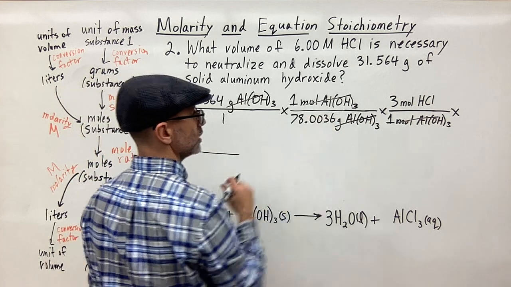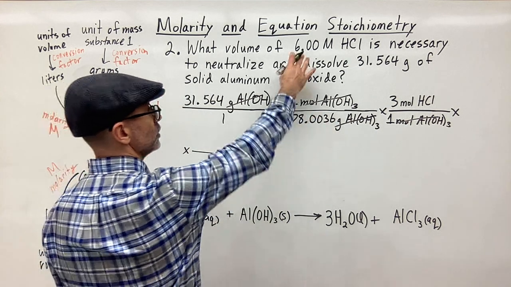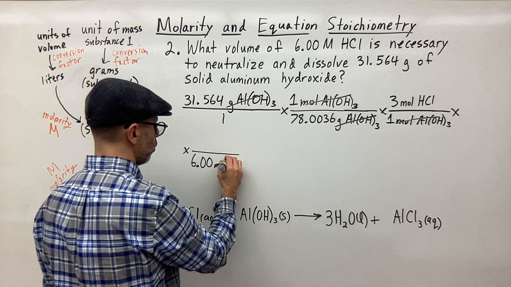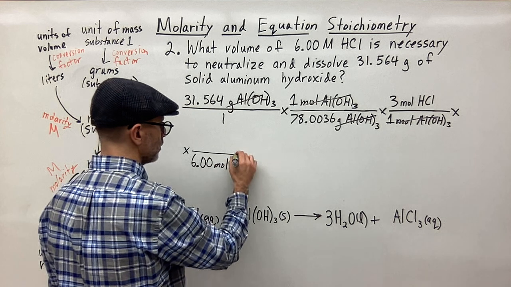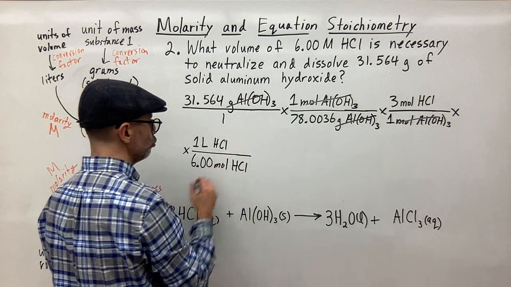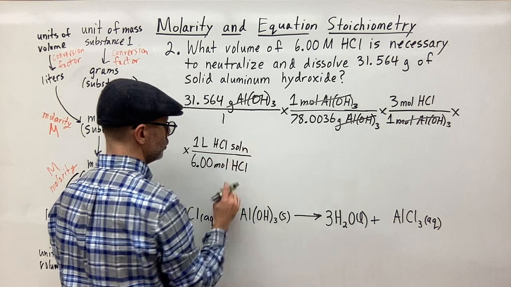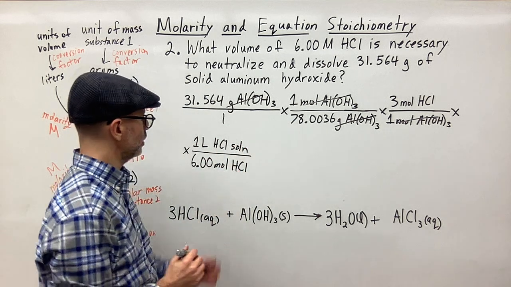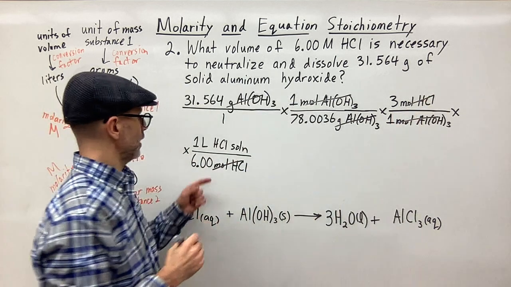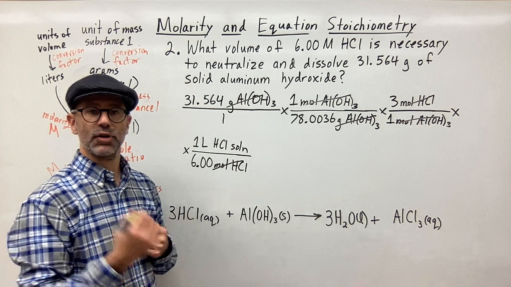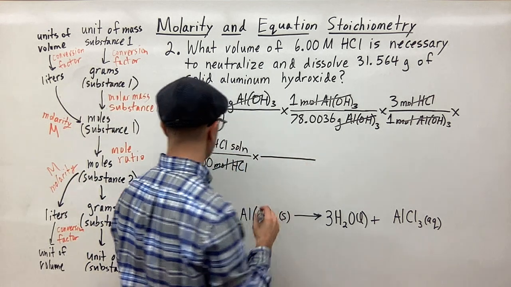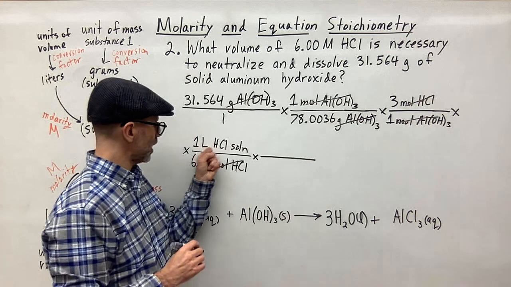So I'm going to continue here. Since I have moles on the top, I want moles of HCl. So 6.00 moles goes on the bottom. So moles of HCl on the bottom, and 1 liter of HCl solution. I could put solution in here to distinguish from moles of HCl. So here now, moles of HCl are going to cancel out. Now I have liters. Now I can convert that to milliliters using the conversion factor between liters and milliliters. So I have liters on the top.